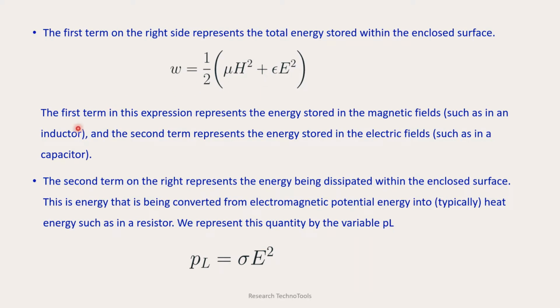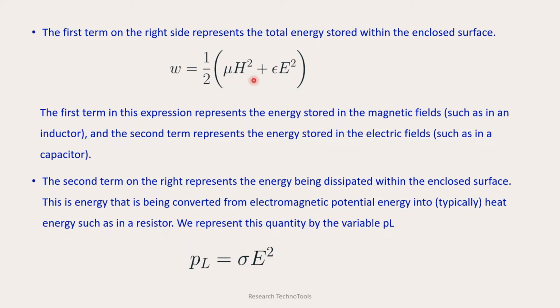The first term in this expression represents the energy stored in the magnetic field, such as in an inductor. This is the energy of the inductor, and the second term represents the energy stored in the electric field, such as in a capacitor. You are well aware of these two terms. We have already used them in electromagnetism.